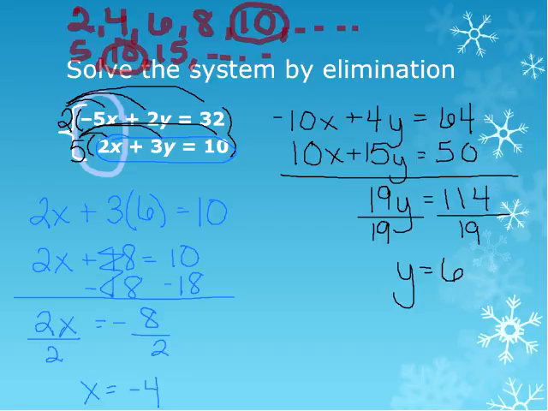Okay, so then to write our final answer, we got to make it as an ordered pair, x comma y. So we're looking at negative 4, positive 6. And like I said, this is the most challenging type of problem that we will run into, where you have to multiply both equations by something.